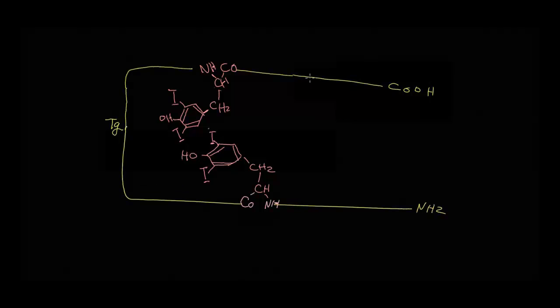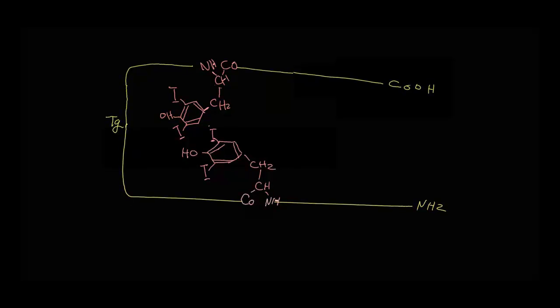This diagram depicts a thyroglobulin molecule with 2 iodotyrosyl residues that have been brought into proximity by the tertiary and the quaternary structure of thyroglobulin.